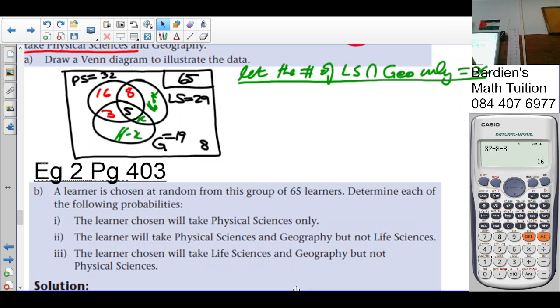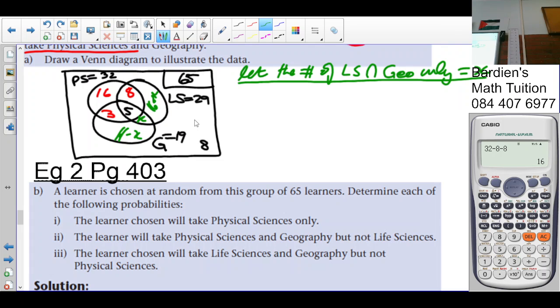So what are we saying? We're saying that this whole subset here adds up to 29. So instead of saying 8 plus 5 plus x plus 16 minus x equal to 29, and I add the rest, I can just replace those four entries with 29.